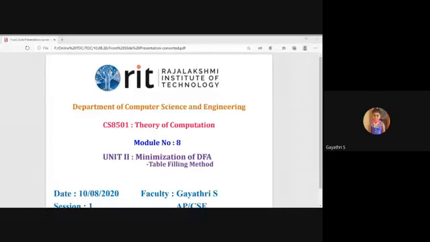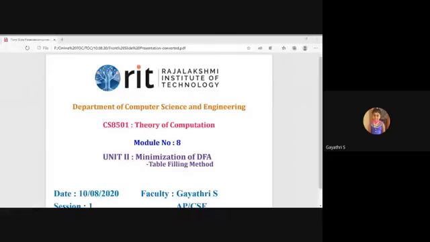In the previous sessions, we have learned about various pumping lemma problems, right? Then regular expression conversion, both regular expression to finite automata and finite automata to regular expression. Finite automata to regular expression has two concepts: the RIJ method and the state elimination method.